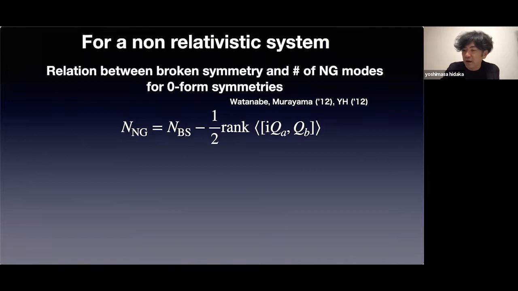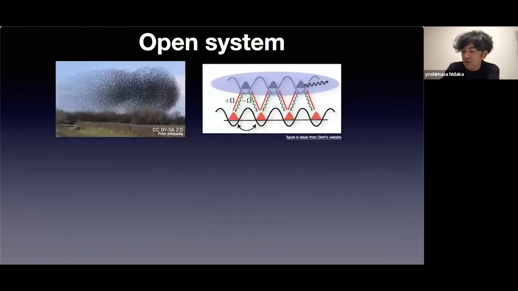So lastly, I would like to show another example, another generalization, the so-called open system. Here is some example of the open system. This is the open quantum system, a quantum system coupled to the environment.